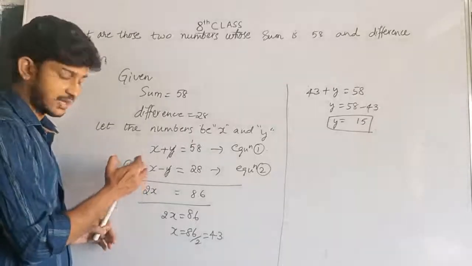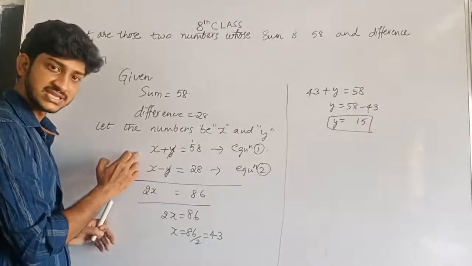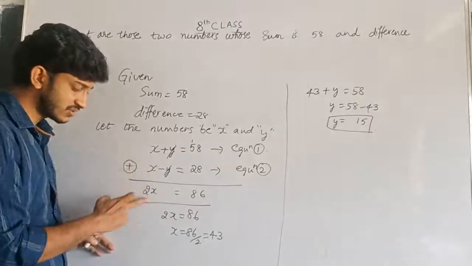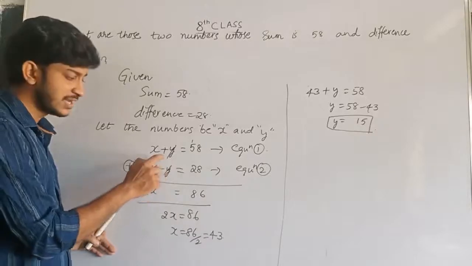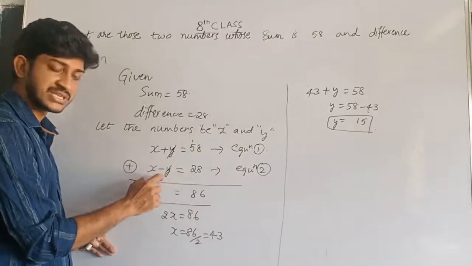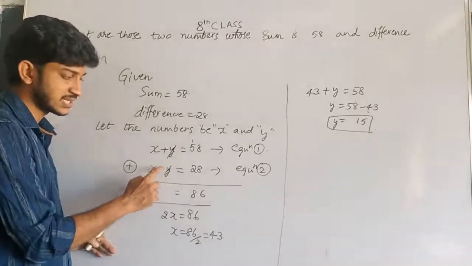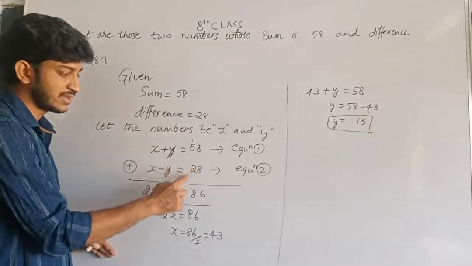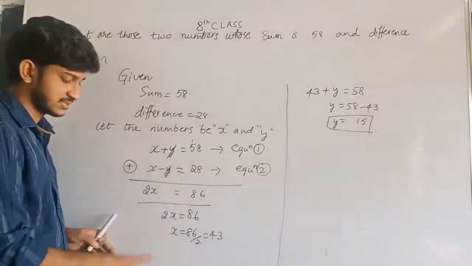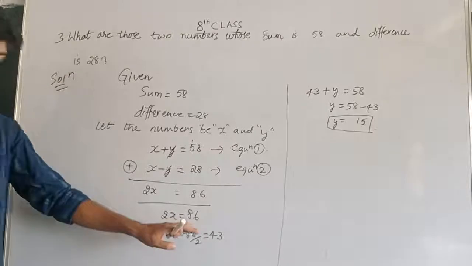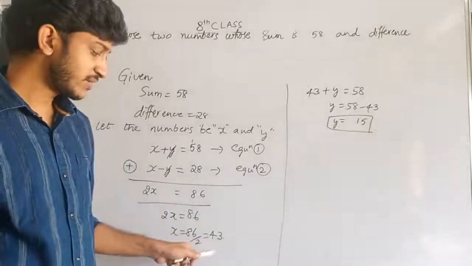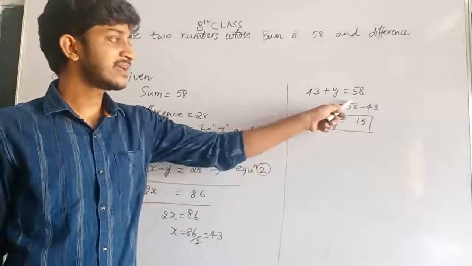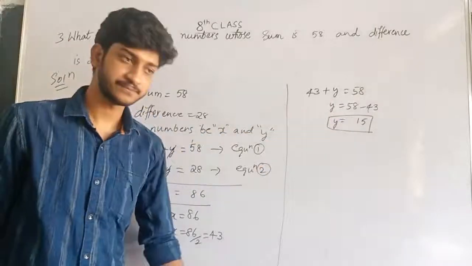If I add them, the solution is x plus x equal to 2x, and y minus y, same numbers with different symbols, cancel each other. So equal to 58 plus 28, 86 I get. So 2x equal to 86. Then I solve this equation and find the x value. By using this x value I find the y value also.